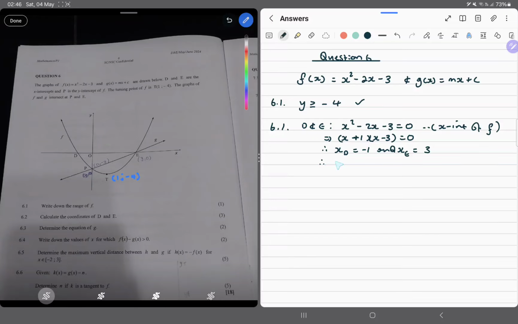We can make a conclusion therefore that point D is (-1; 0), and E is the point (3; 0). Because we were told to calculate the coordinates, we need to show this coordinate pair.